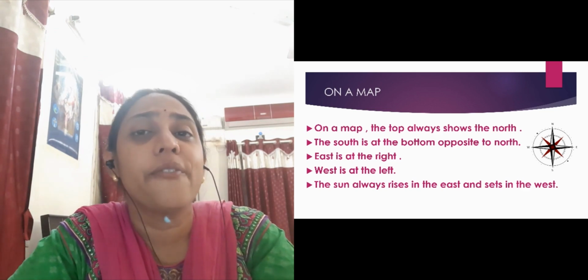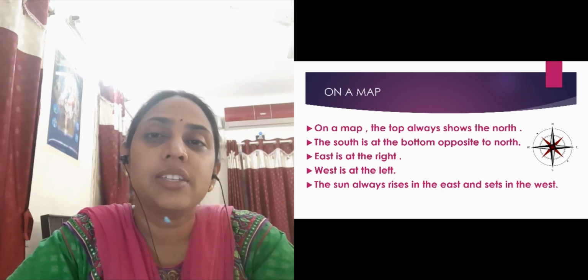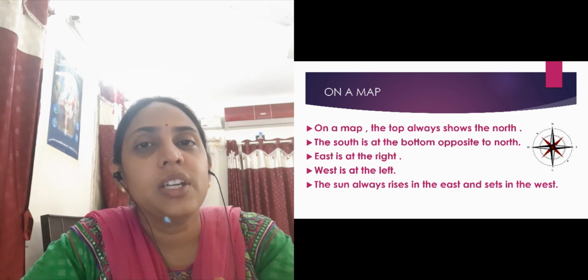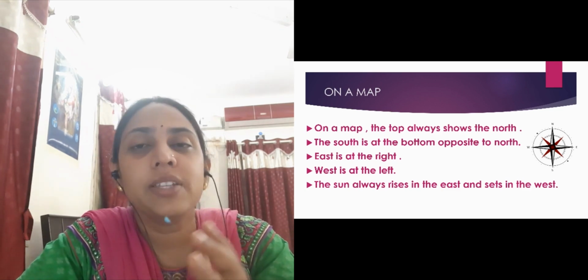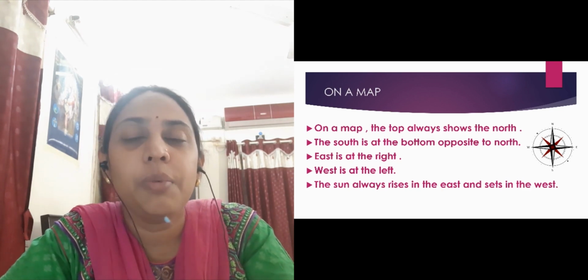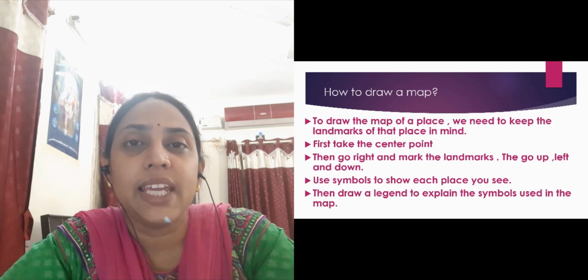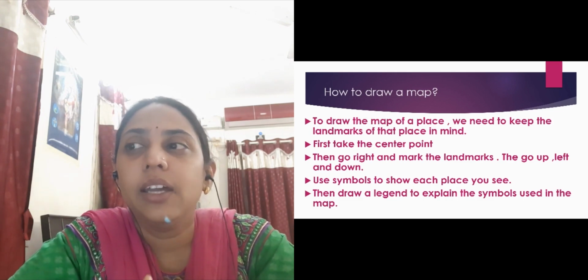The sun rises in the east and sets in the west. So if that is the west, the opposite is east, the upper side is north, and the downside is south.